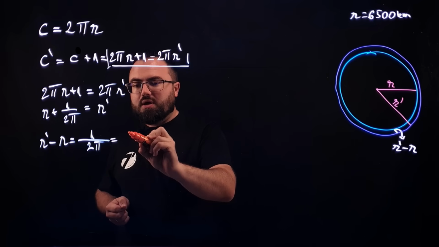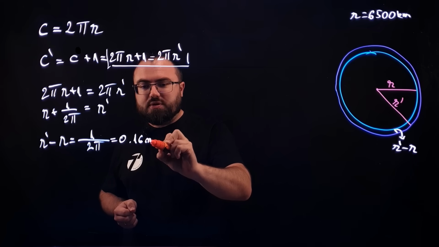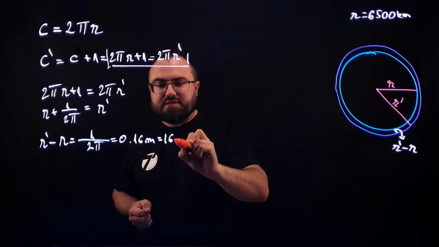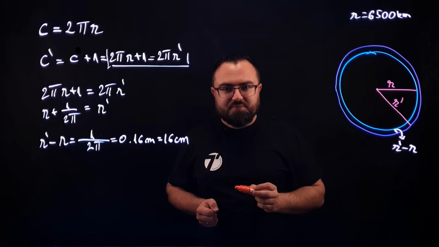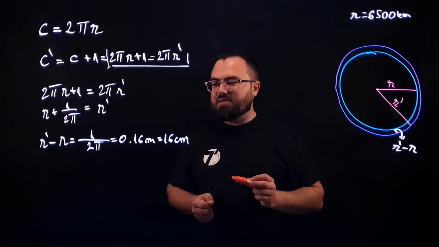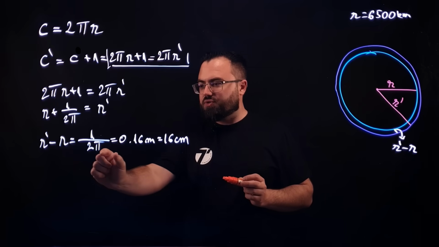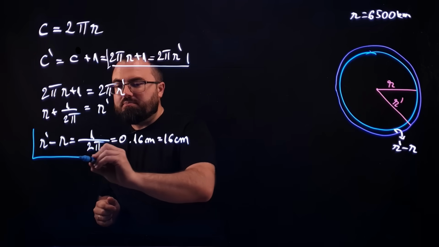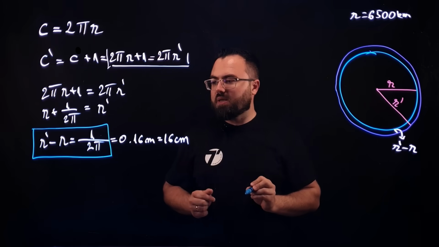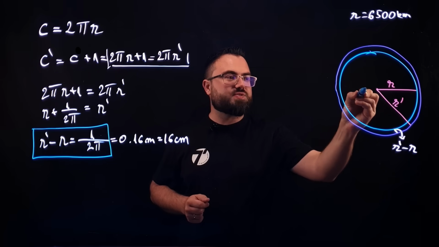And this is approximately equal to 0.16 meters, that is 16 centimeters. Now that's a bit of a surprise, and the surprise is not only that it's 16 centimeters, but that the actual distance here, which is 1 over 2 pi, means that our distance is not even dependent of the radius r.